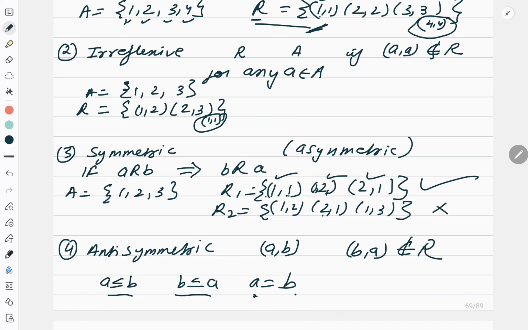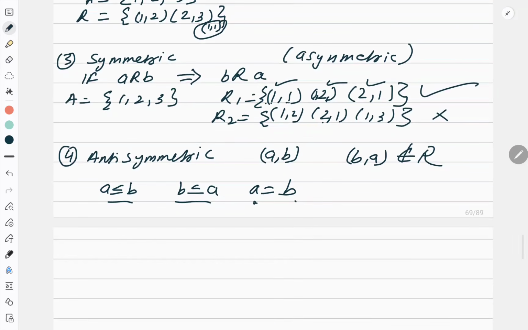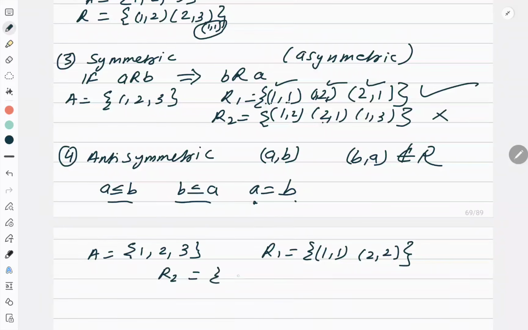For example, look at this. If A is equal to 1 comma 2 comma 3, and R1 is equal to 1 comma 1 and 2 comma 2, and R2 is equal to 1 comma 2, 2 comma 1 and 2 comma 3. Now observe carefully.